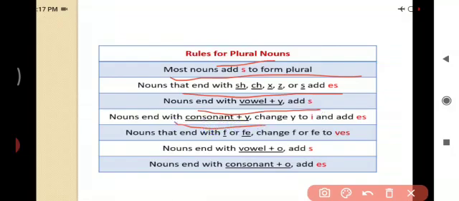Nouns ending with consonant plus y, we need to change that y to ies. Nouns that end with f or fe, we need to change that to ves. Nouns ending with vowel plus o, then we need to add s. Nouns ending with consonant plus o, then we need to add es. Okay, children, remember these rules because this is very important when you need to change singular to plural ones.